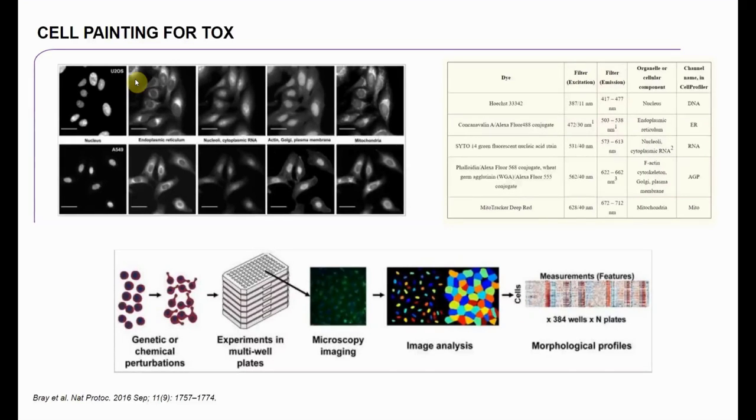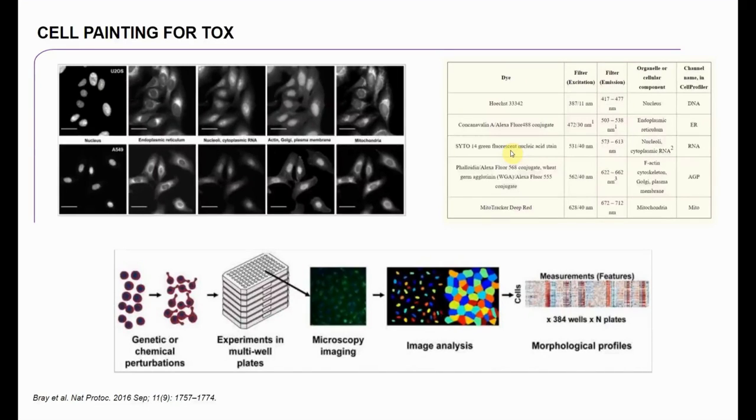And so this is a very simple assay to run, and they're all chemical dyes and very useful for automation and live cell imaging. And the dyes label the nucleus, the endoplasmic reticulum, the nucleoli and cytoplasmic RNA, actin, Golgi and the plasma membrane, and mitochondria. So here are the various dyes that are used in the classic cell painting protocol.